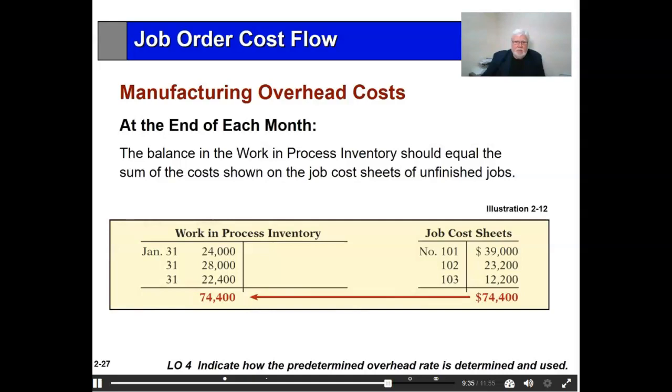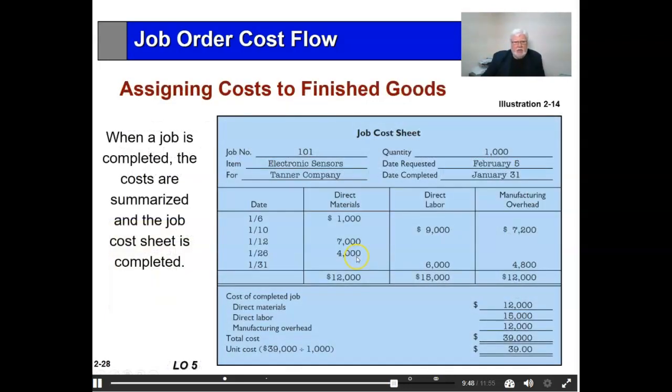Okay, now at the end of the month or the end of the year, we look at the balance in work in process, and we make sure that the total in the work in process T account adds up to all the jobs that are on the shop floor. And then we have the total amount, and you see here, direct labor, up to that date, we assigned 80% to manufacturing overhead.